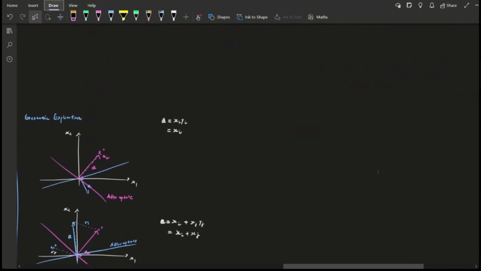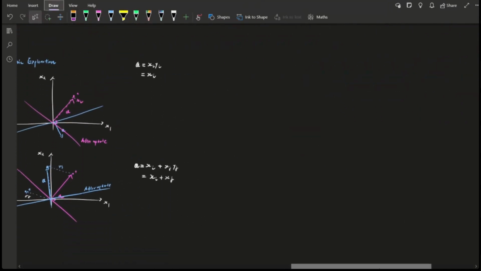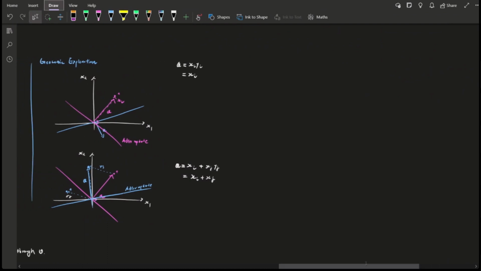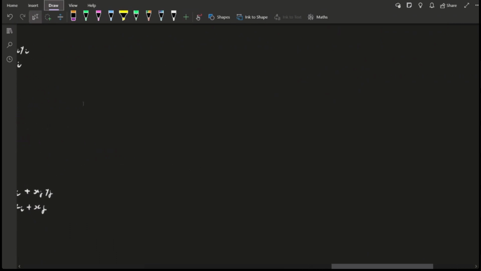Okay, if there are no questions, then I'm just going to talk about some things you should take note of with the perceptron learning algorithm. There are actually two different cases, which have some implications for how you should train using the perceptron learning algorithm. I'm just going to illustrate them again with plots.